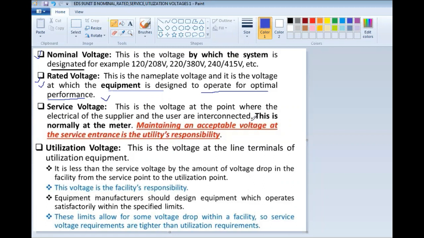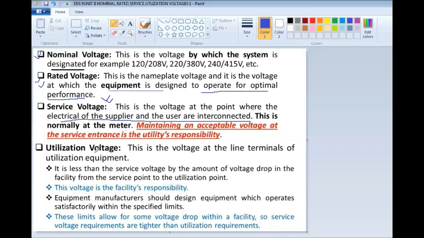So the meter point is the interconnection between the supply system voltage and your house. The voltage available at that point is called the service voltage.